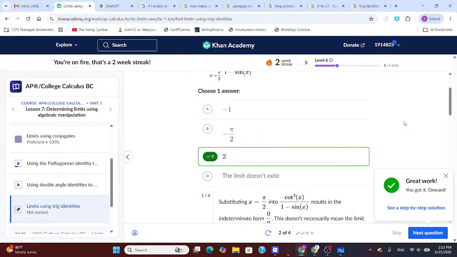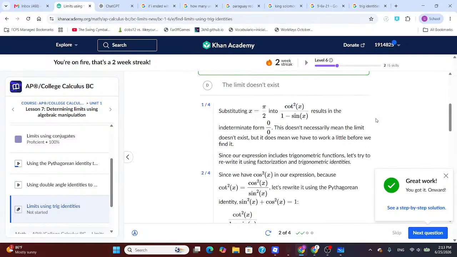I'll try my best to explain it from the answer key. If you substitute x equals pi over 2, you get 0 over 0.